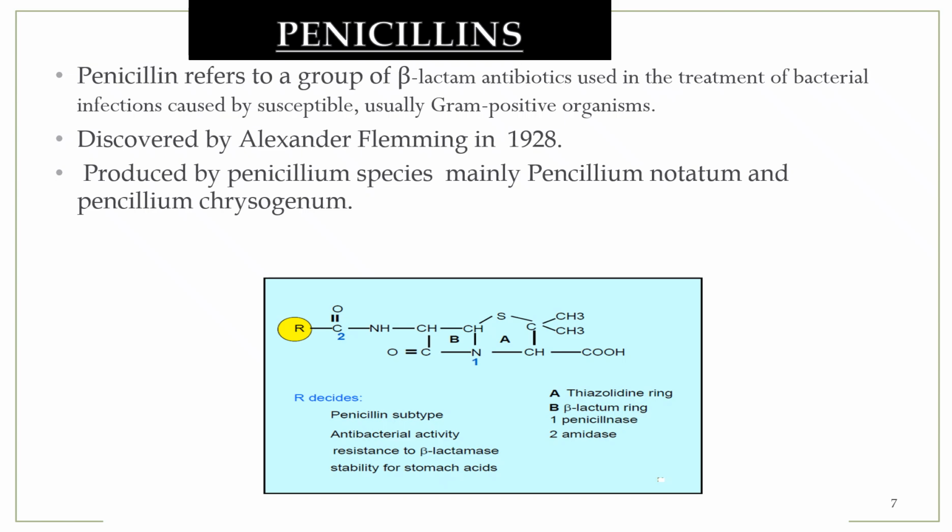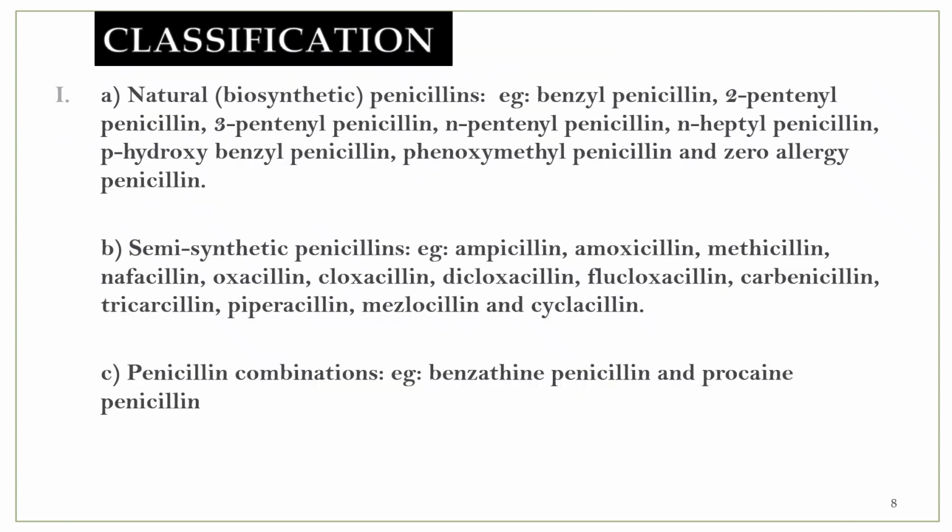Moving on to the classification. First one is natural or biosynthetic penicillins. Examples: benzyl penicillin, 2-pentenyl penicillin, 3-pentenyl penicillin, N-pentenyl penicillin, N-heptyl penicillin, para-hydroxybenzyl penicillin, phenoxymethyl penicillin, and zero allergy penicillin. Second one, semi-synthetic penicillins.